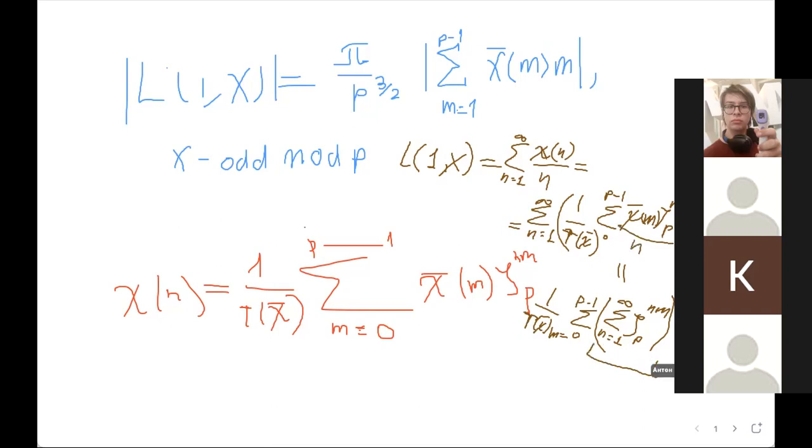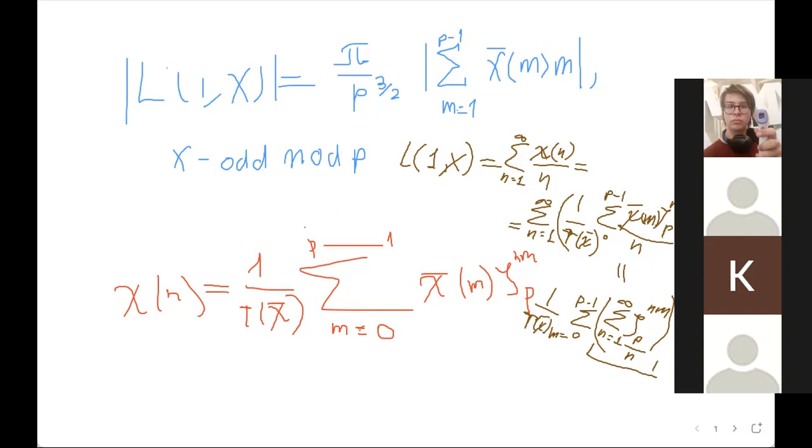Is it true for all characters? I can't see where we use that it is even. Yes, I haven't used that it's even yet. This sum is the logarithm, and you see, in the formula for even characters you get absolute values of logarithms, and in the sum for odd, you don't get logarithms at all.